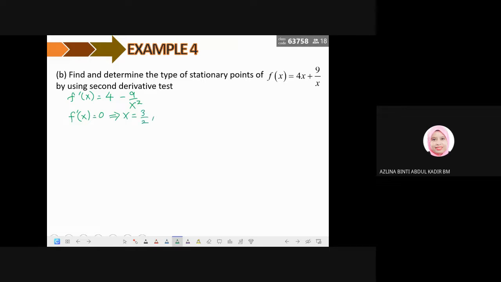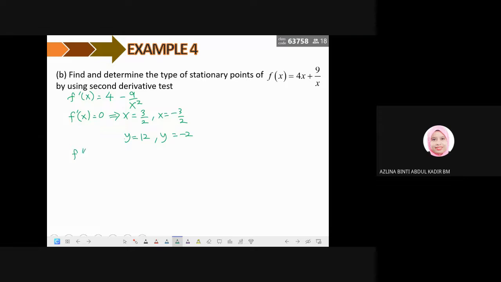Then when x is equals to 3 over 2, so we get y is equals to 12. Sini y is equals to negative 12. Dapat ya? Okay.